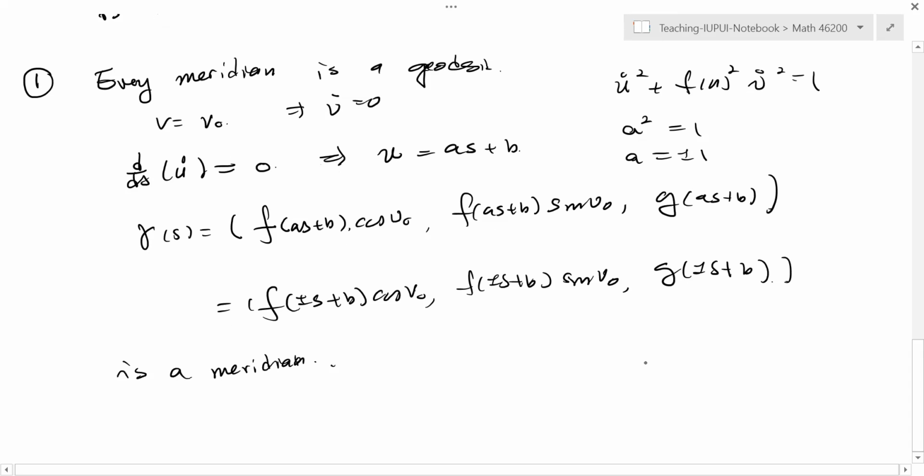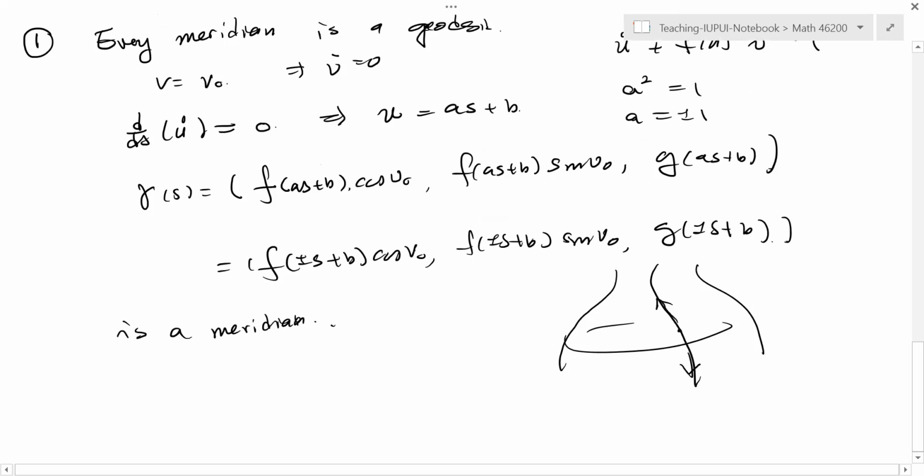Maybe it goes down, maybe it goes up. It depends on the sign. If we choose positive, it's going up. If we choose negative, it doesn't matter, right?